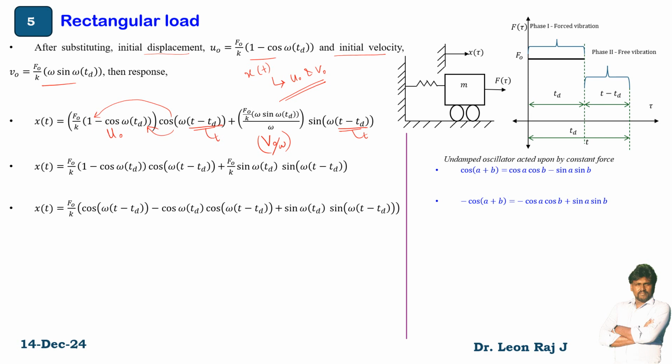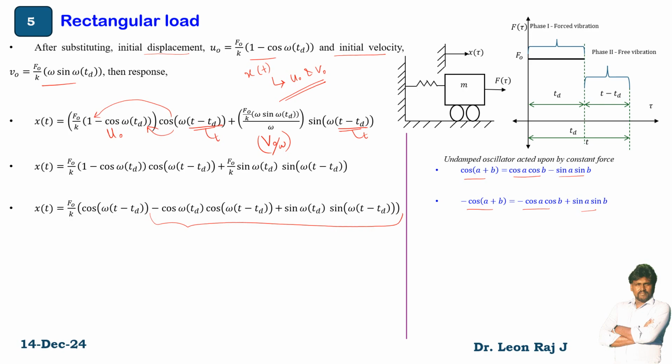So this whole term looks like this. When cos a plus b is equal to cos a cos b minus sin a sin b, then minus cos a plus b equals minus cos a cos b plus sin a sin b. So this term looks like this.